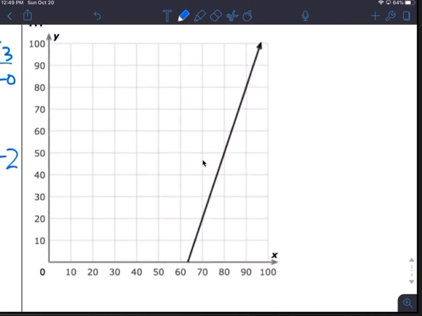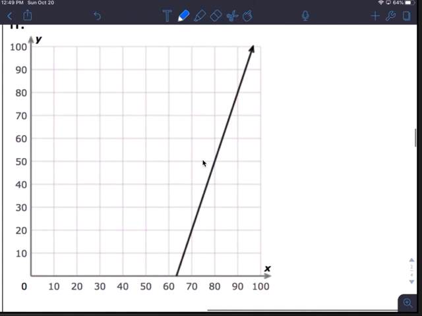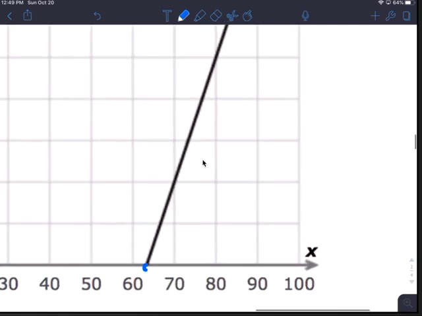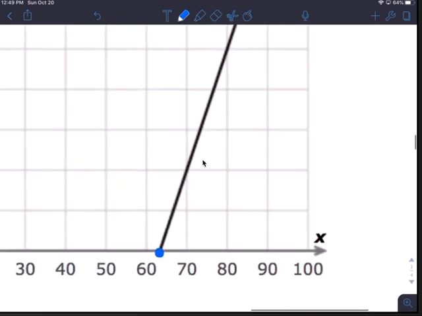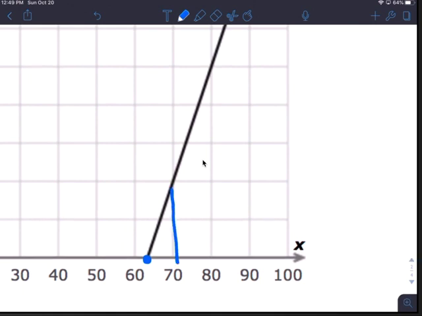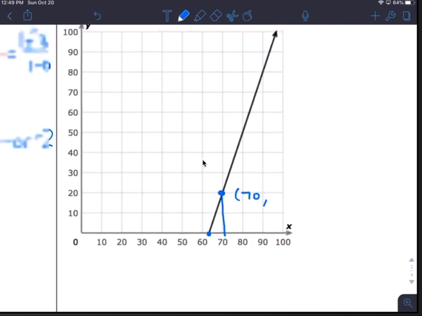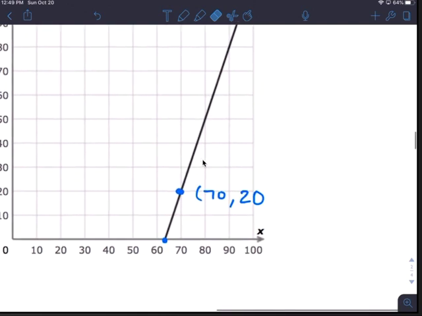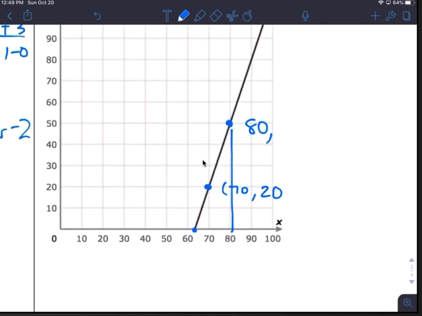Okay, so here too, pick 2 points. Oh, we can't pick 0 because 0, we don't know that number. Pick 70. Now this is 70 and 20. 80, we can pick 2. 80 and 50.